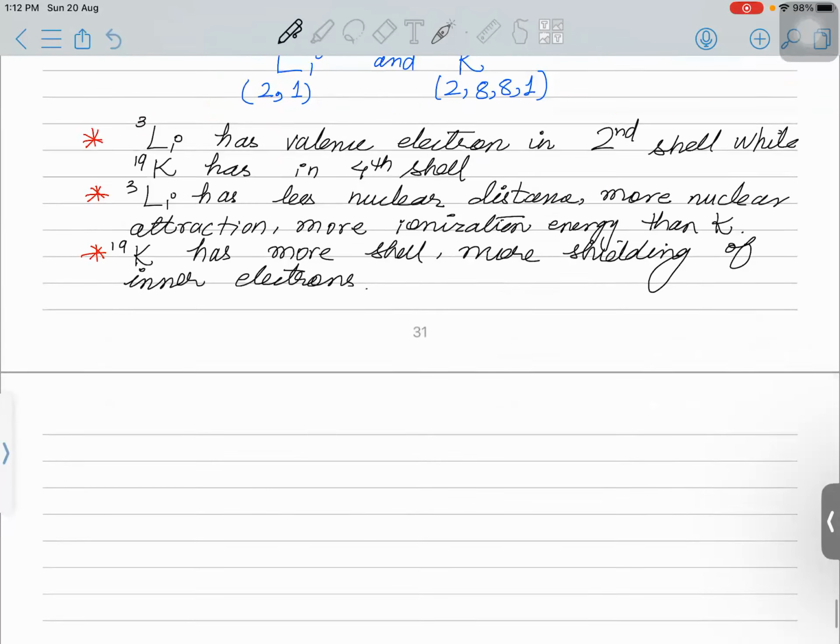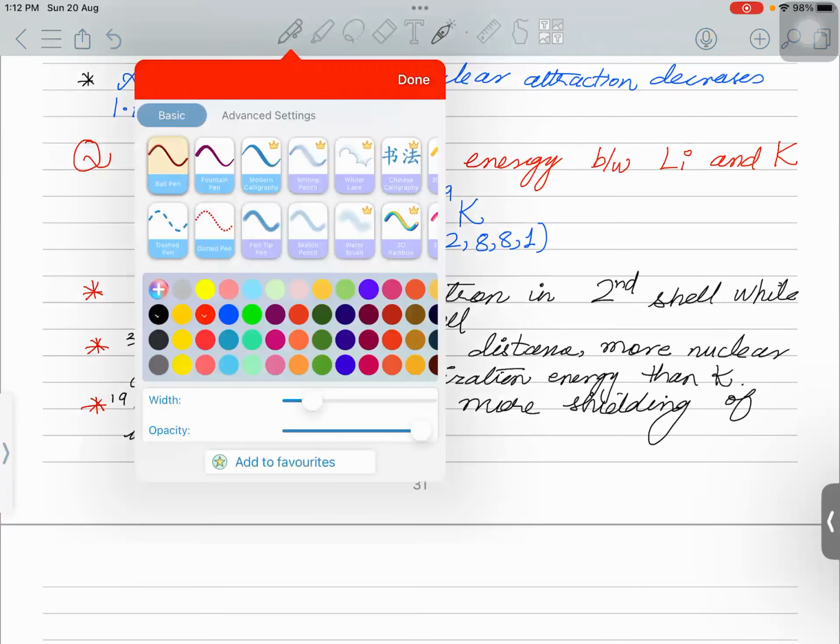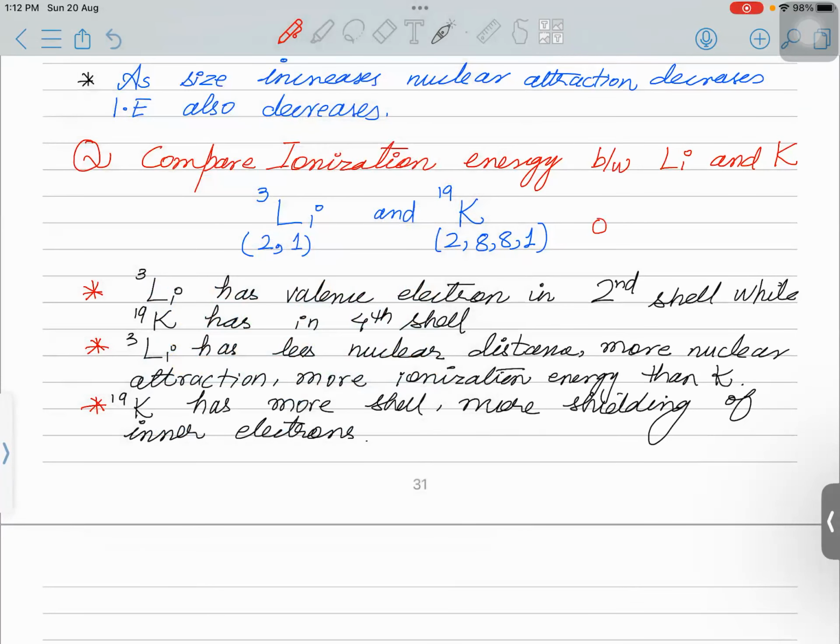Now you can see both structures, right? This is the first shell, this is the second shell. This is lithium.